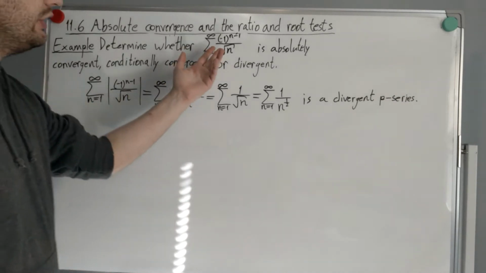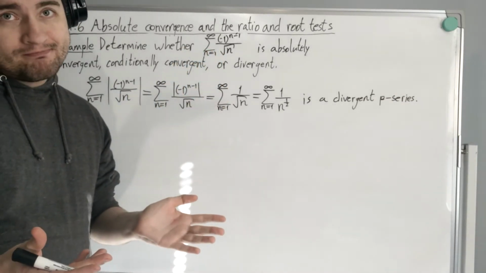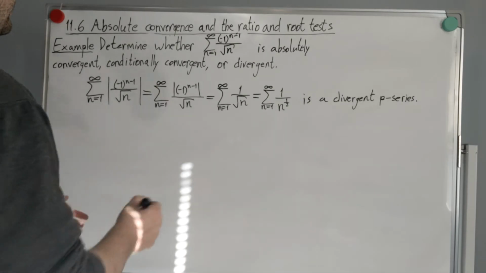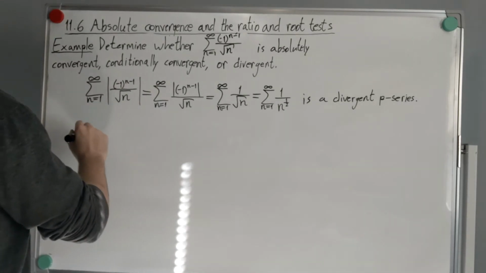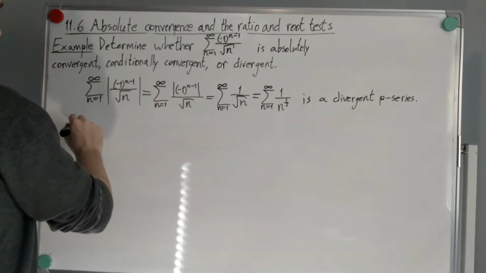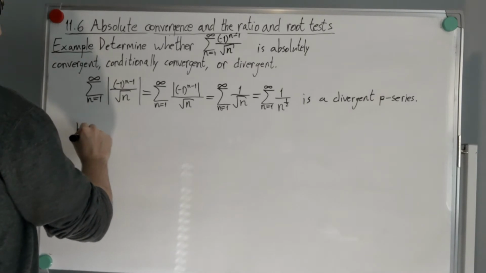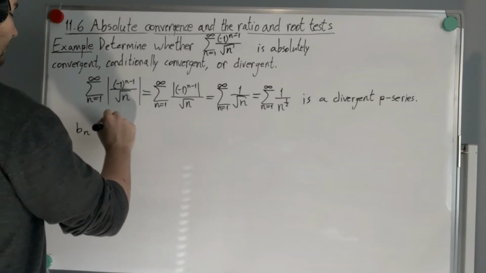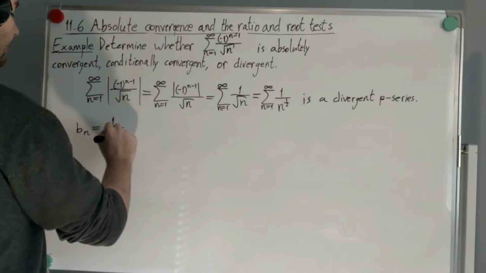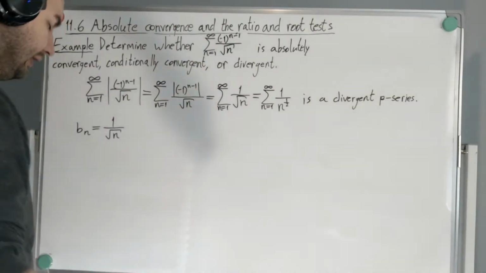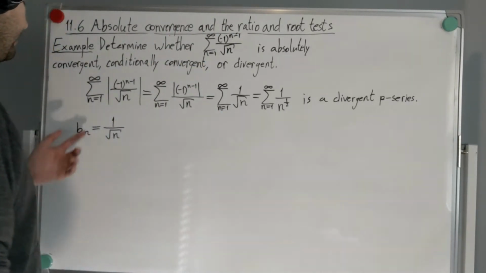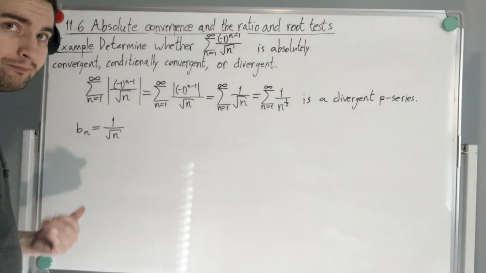This one is actually an alternating series, right? So what we can do here is, first of all, if we were to set up Bn, the sequence of absolute values of the terms, like the alternating series test refers to, that'd just be 1 over root n, right?